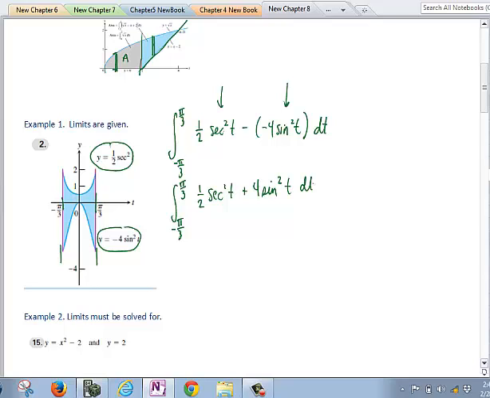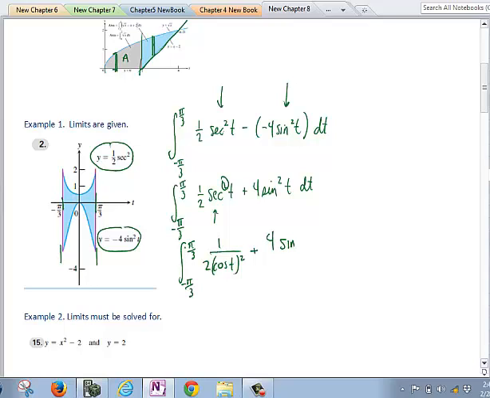The other thing is when you try to put secant squared into the calculator, remember that's 1 over cosine squared of t. So what you're going to have to do is put it in the calculator as the following. Notice I have to do cosine of t, the whole quantity squared, because that's what that shorthand stands for.